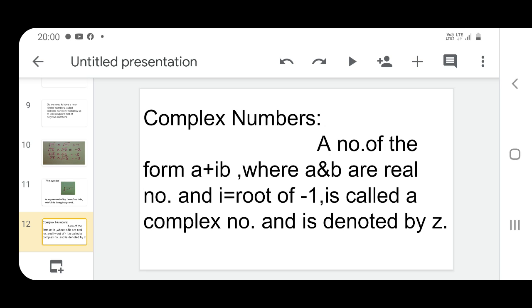A number of the form a plus iota b, where a and b are real numbers and iota is the root of minus 1, is called a complex number. The standard form of a complex number is a plus iota b, and it is generally denoted by z. So this was the brief introduction of complex numbers.